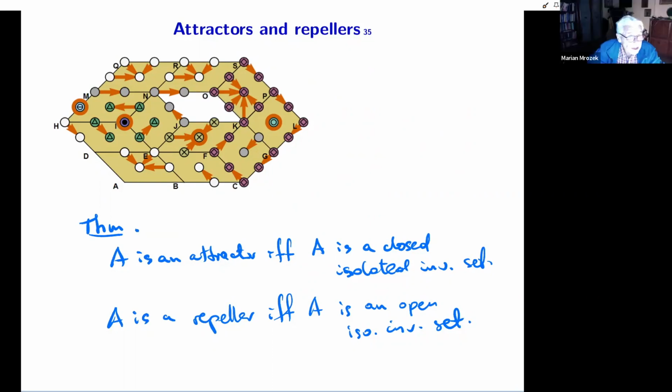Actually, I just use 2-dimensional examples because it's easy to draw pictures, but all these concepts make sense in arbitrary dimension. And actually, I do have even some pictures in 3D where you construct these combinatorial multi-vector fields.